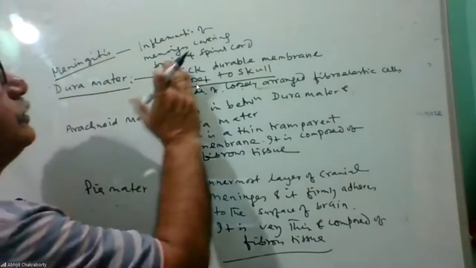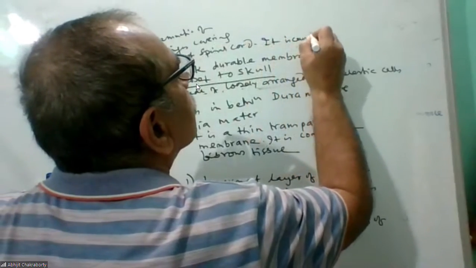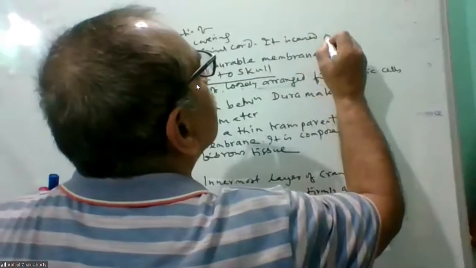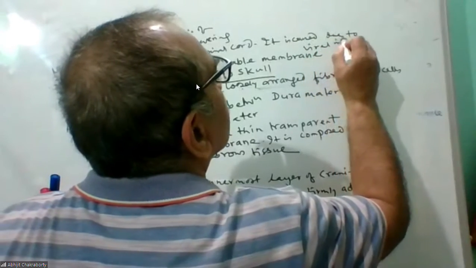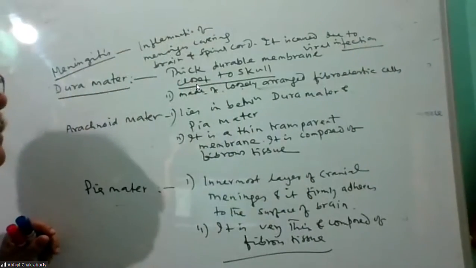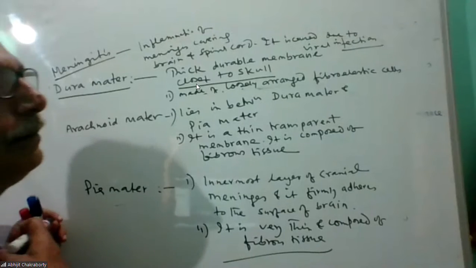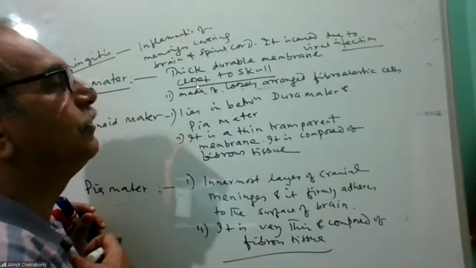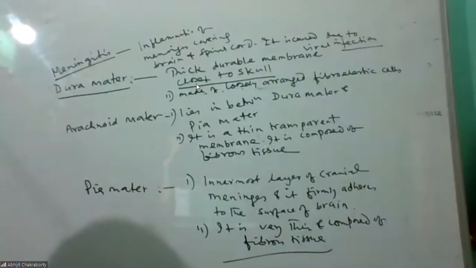It is caused due to viral infection, but some bacterial infection is also found. Suppose meningococcal meningitis is caused by bacterial infection.